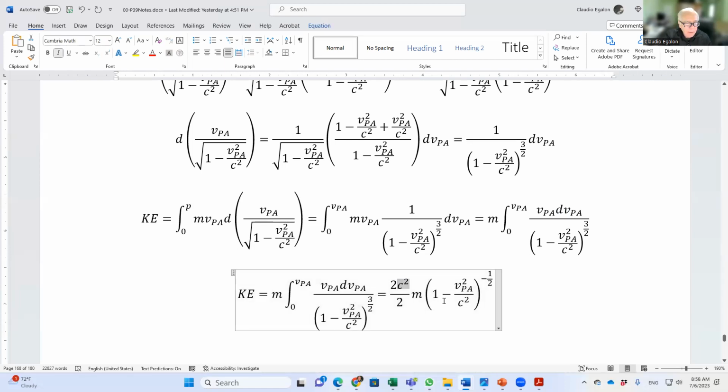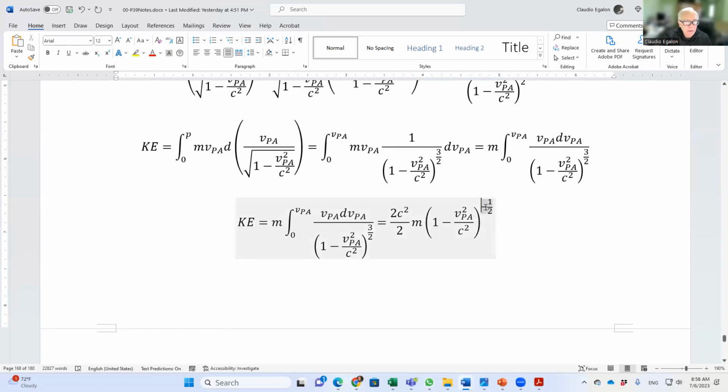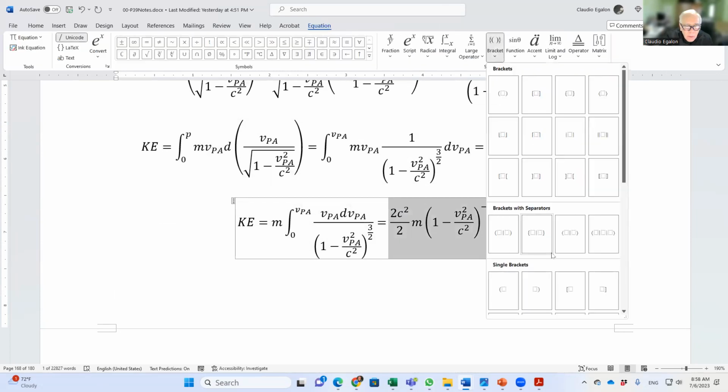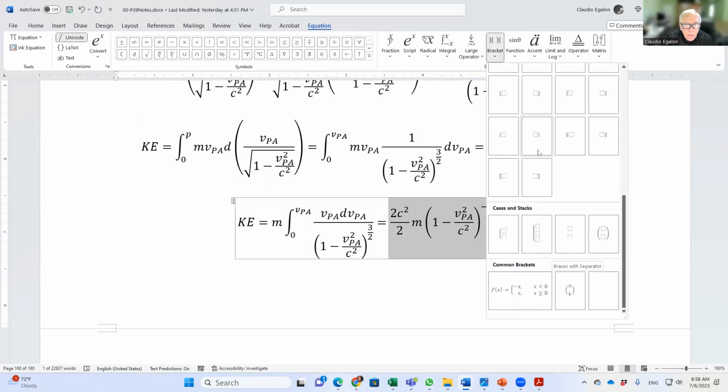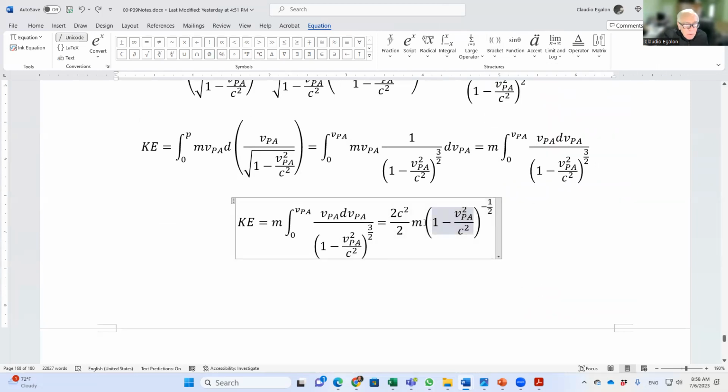The c squared that you see comes from this term. The negative term that you have here is going to cancel out this negative term, so I don't have to worry about that. And we have to put the limits of my integration. The limits of my integral.